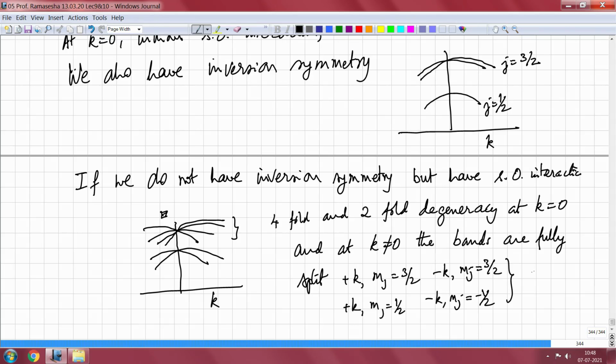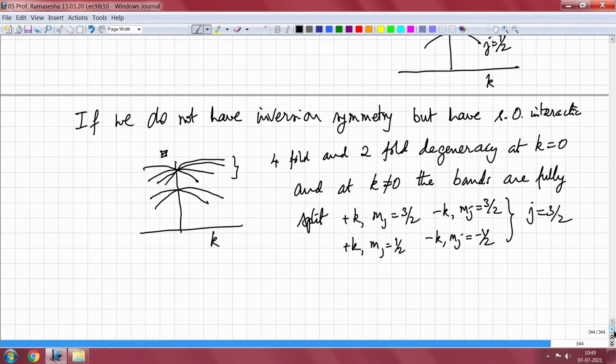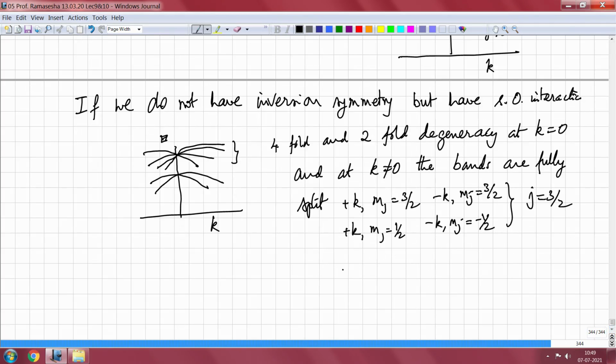These are for j equal to 3/2, and then for j equal to half you will have plus k, mj equal to half and minus k, and so I'll have 6 bands. So I'll have k and mj equal to half. There is no plus and minus, I am sorry, because k takes all possible values.